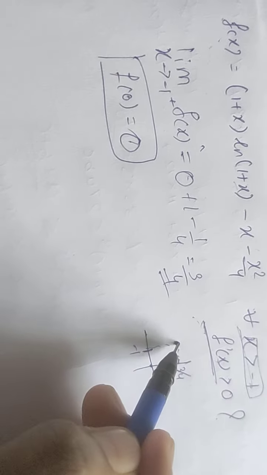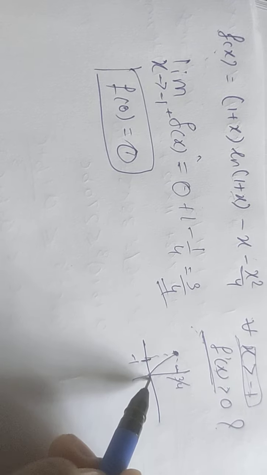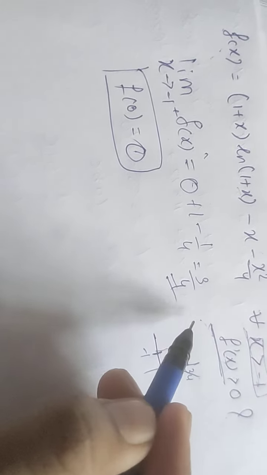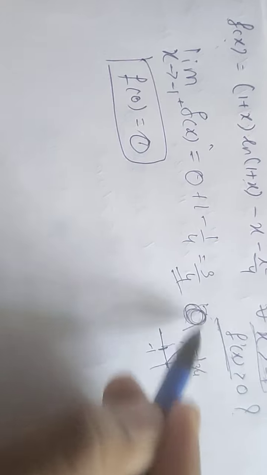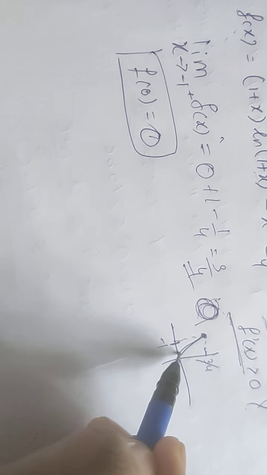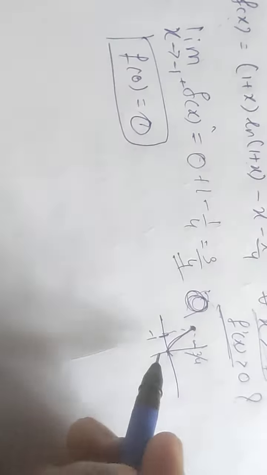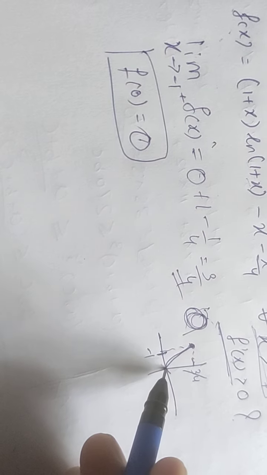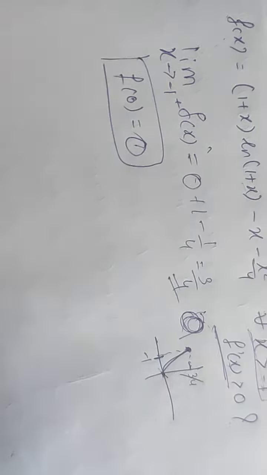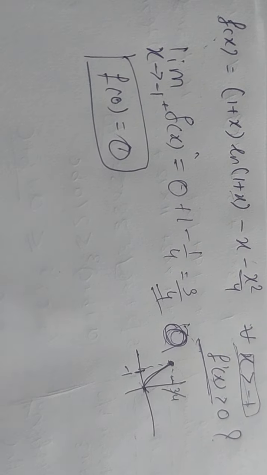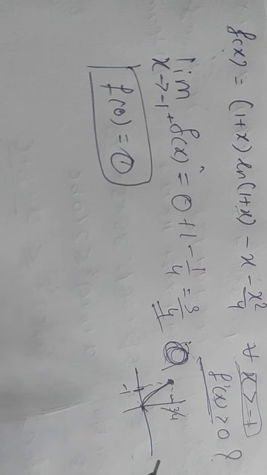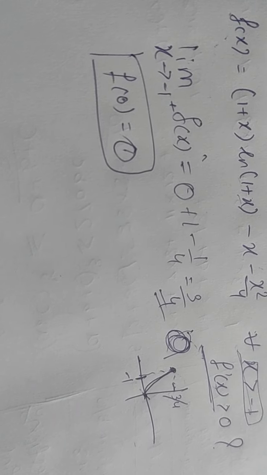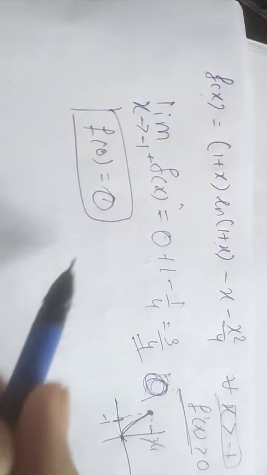So the graph would be something like this, right? F of 0 is equal to 0, and then from here it can go down or go up. Now how will we find that out?